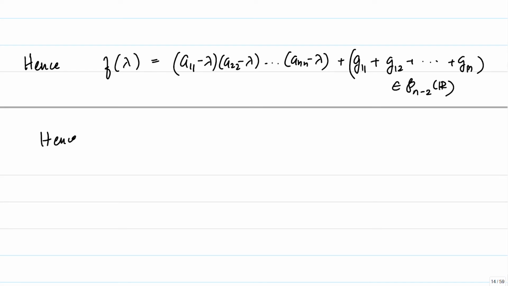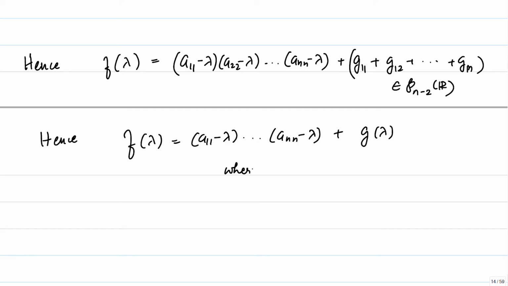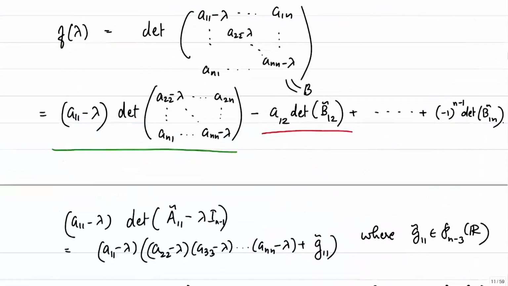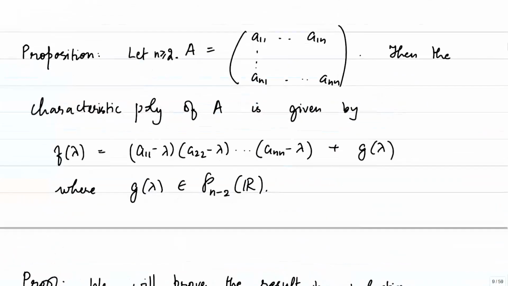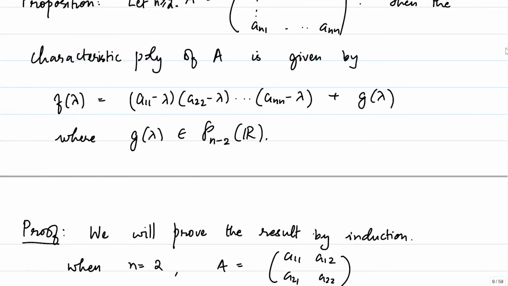Hence, f of lambda is equal to (a11 minus lambda) up to (ann minus lambda) plus the sum of such polynomials g11, g12 up to g1n, which will again be a polynomial of degree less than n minus 2. So g is a polynomial in P_{n-2} of R. With this, we have established our result. Notice that that's precisely what we wanted to prove.